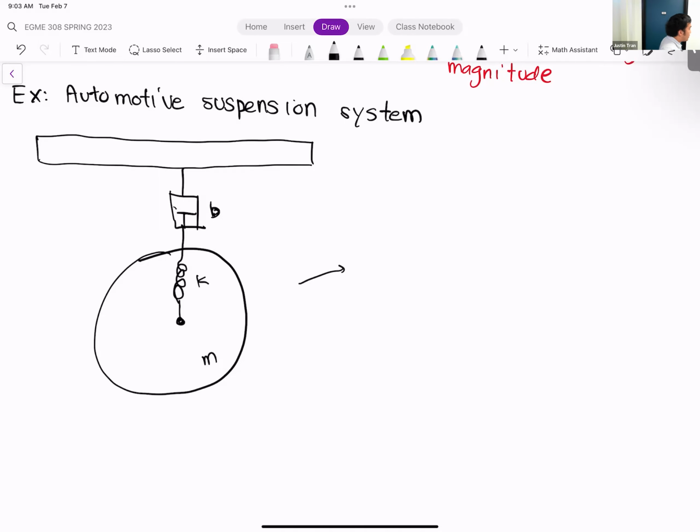Here we have a very traditional mass spring damper, so we know the governing equation for this. I'm going to use the symbol y, where y is the vertical displacement of the wheel. The governing equation is m d squared y/dt squared plus b dy/dt plus ky equals 0.